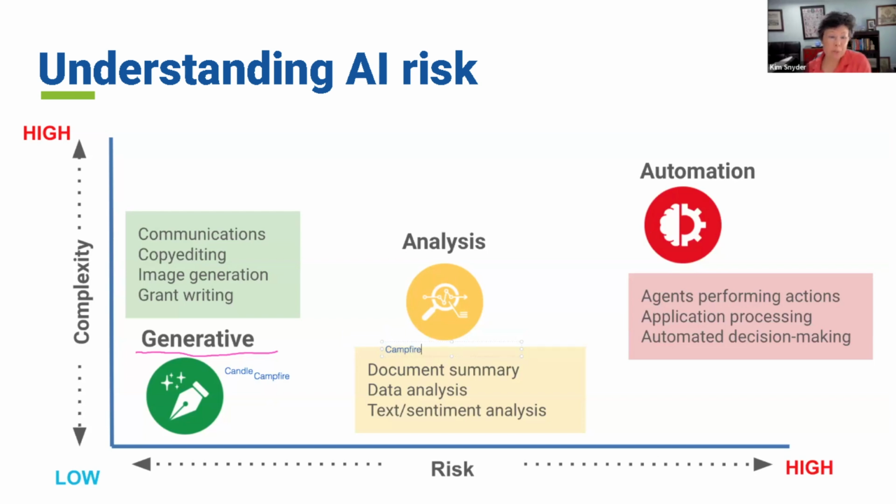Getting a little more complex is using data analysis tools or document summary tools. What makes it a little bit higher risk, first of all, is that it's a more complex task, and you have to verify it.